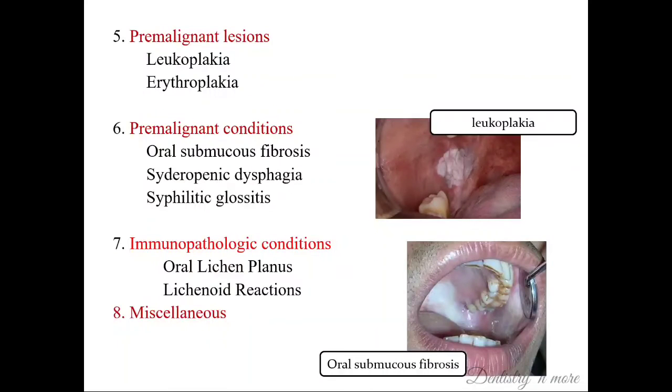Premalignant lesions such as leukoplakia and erythroplakia, then premalignant conditions such as oral submucous fibrosis, sideropenic dysphagia, syphilitic glossitis. Then the immunopathological causes such as oral lichen planus and lichenoid reactions, followed by miscellaneous ones, where you can list hairy tongue as well as median rhomboid glossitis.